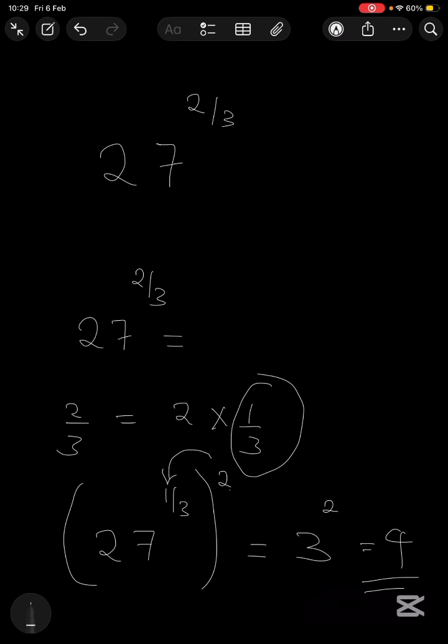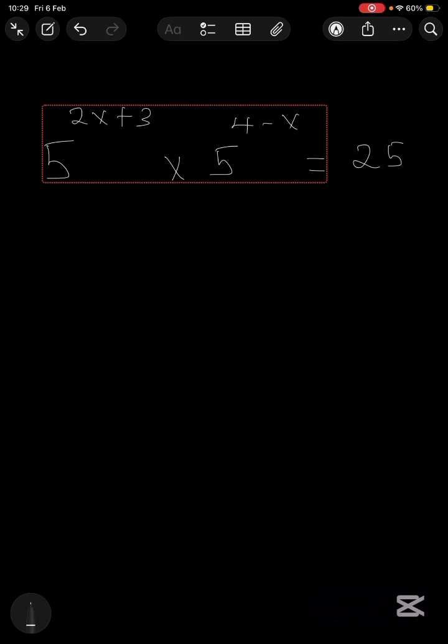Next. We have 5 power 2x plus 3 times 5 power 4 minus x is equals to 25. Find the value of x.